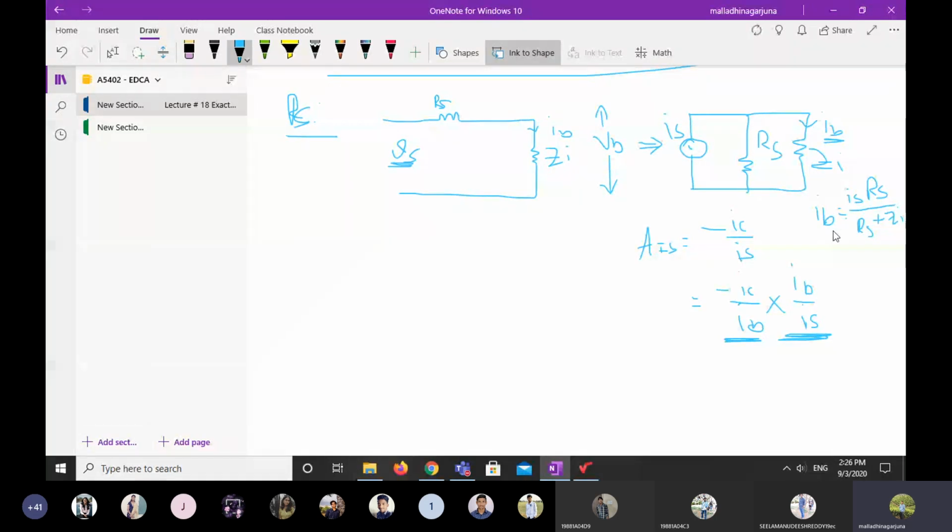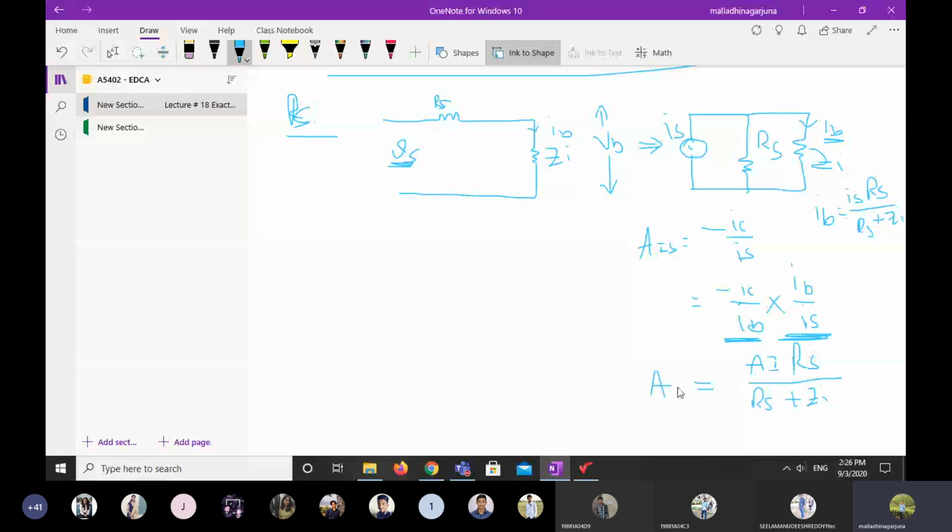Okay, so from here IB by Is, you can substitute. Finally, minus IC by IB is AI, and IB by Is is nothing but Rs divided by Rs plus Zi.